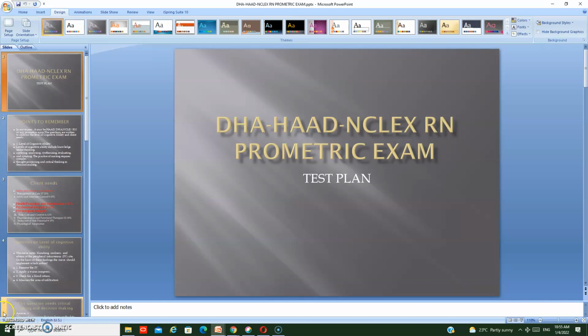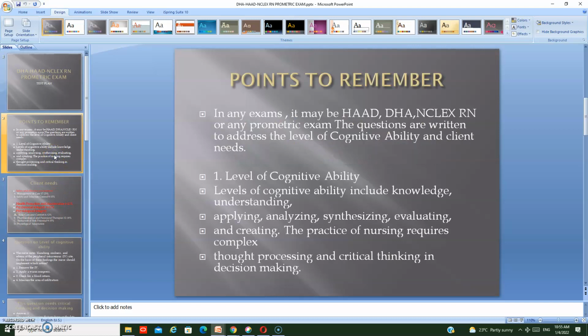What are the points that we have to remember before doing any nursing exams? In any nursing exam, it may be HAAD, DHA, NCLEX RN, or any Prometric exam, the questions are written to address the level of cognitive ability, underline cognitive ability, and the client needs.